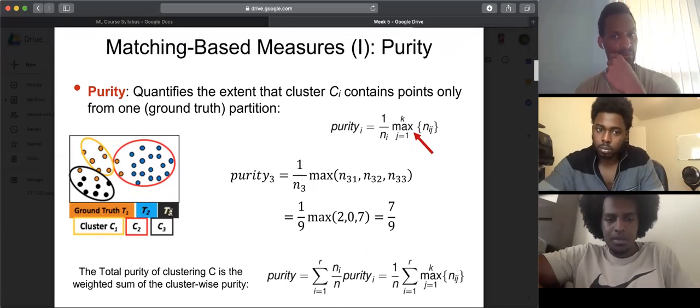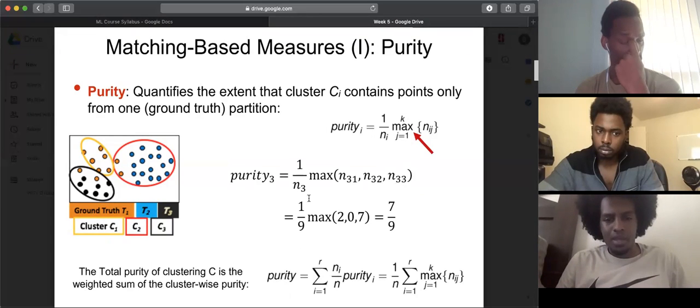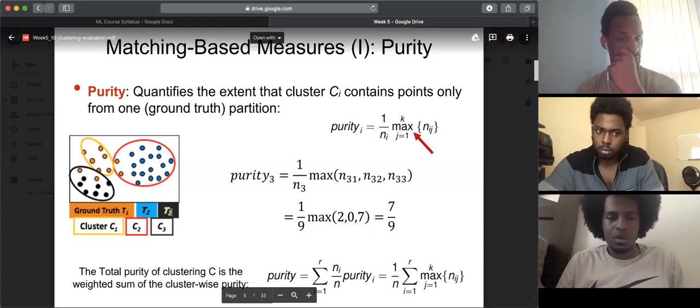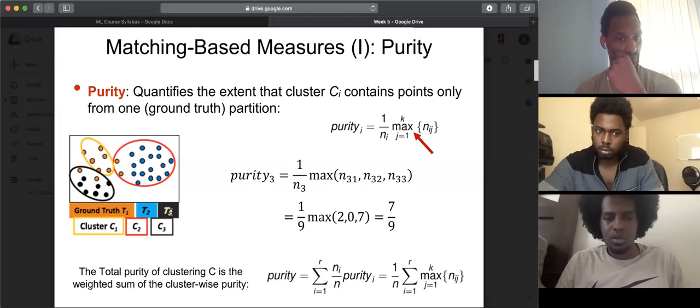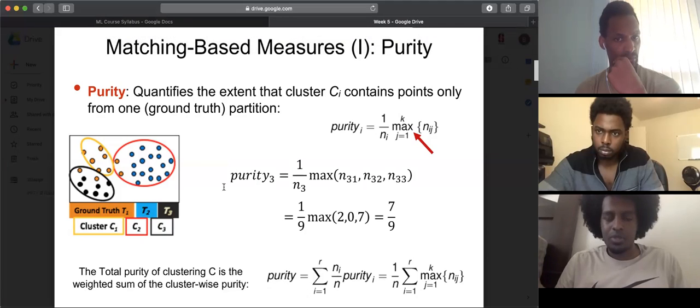T3 is circled in black, and the black data points are all in cluster 3. The ground truth is circled in black, and there are a total of 9 data points in the ground truth labeling. The ground truth is basically, okay, this is the correct thing.